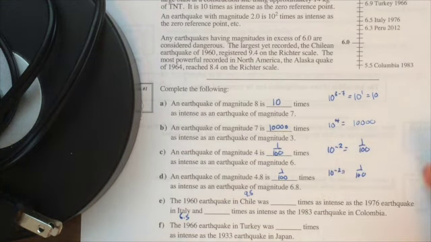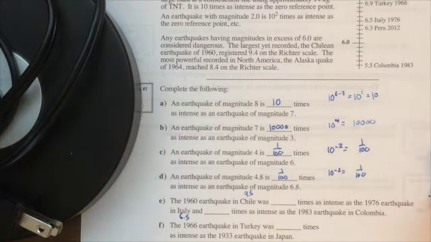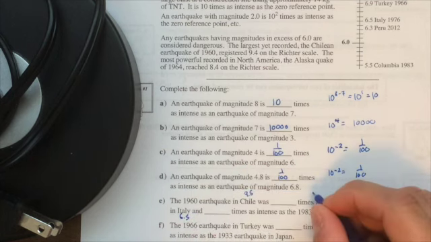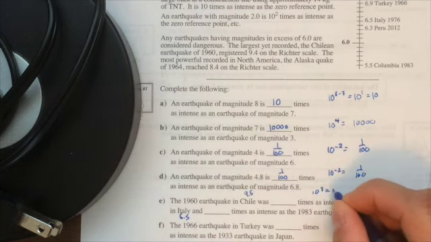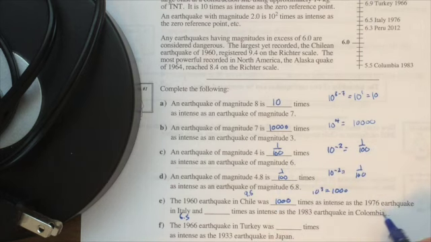So if I want to know the difference, the difference from 9.5 to 6.5 is 3, which means 10 to the 3 would give us 1,000 times as intense as the 1976 earthquake in Italy.